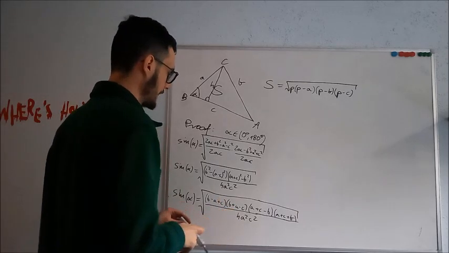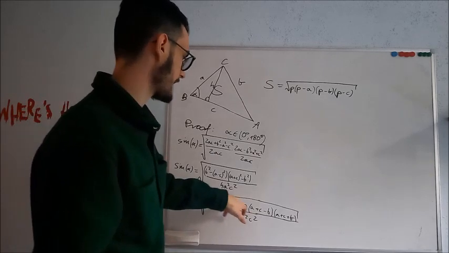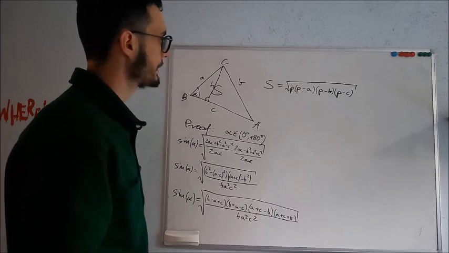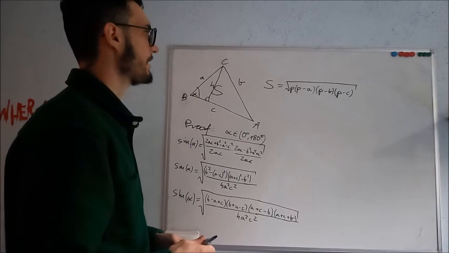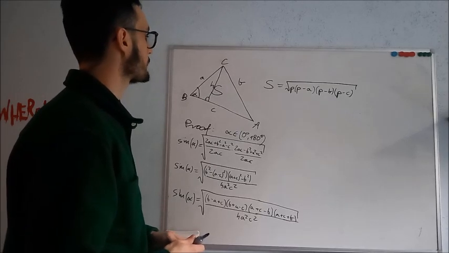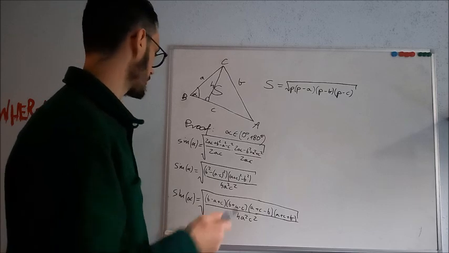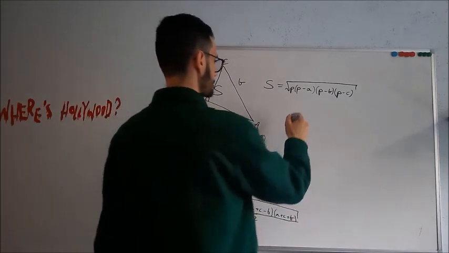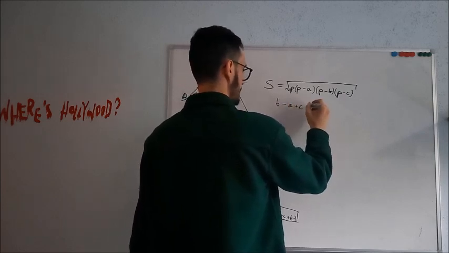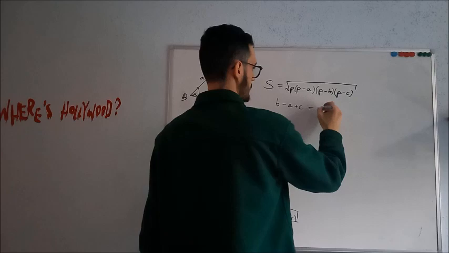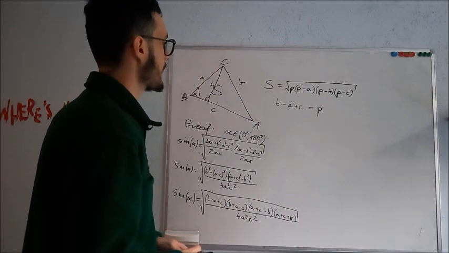Next thing is that we need to write each of these sums in the brackets in terms of the half of the perimeter of this triangle. Right? So we've got b minus a plus c, which is 2p minus 2a, where p is half of the perimeter of the triangle.